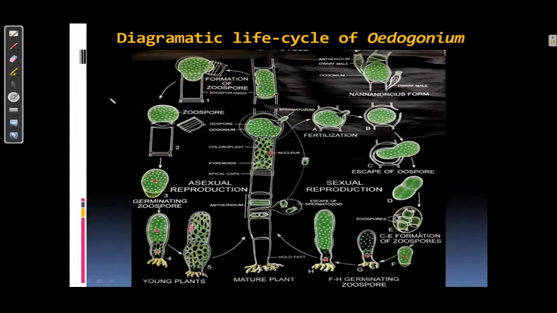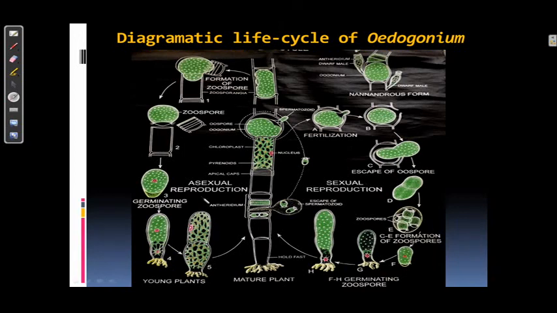So let's revise reproduction with this diagrammatic life cycle. There are 3 modes of reproduction: vegetative, asexual, and sexual. In vegetative, fragmentation occurs and each fragment can develop into a mature plant.